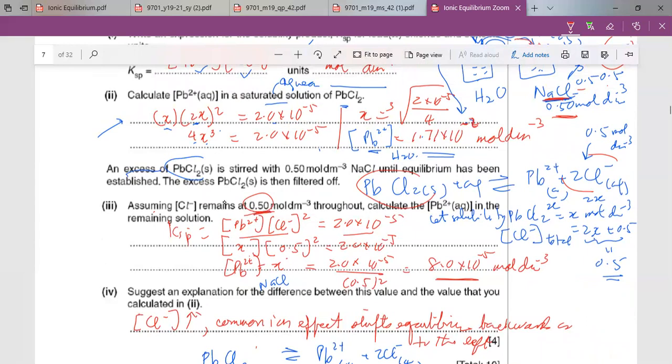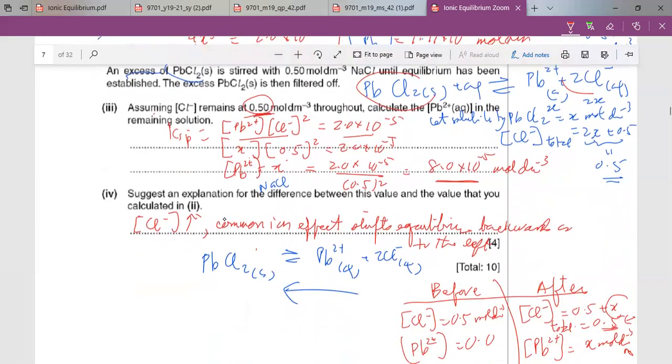Common ion effect shifts the equilibrium backwards. Now always write the equation here and shift backwards, so we cannot be blamed. Sometimes you don't know what you're talking about, so you put the equation here, then you explain according to this equation. You cannot put it wrong.